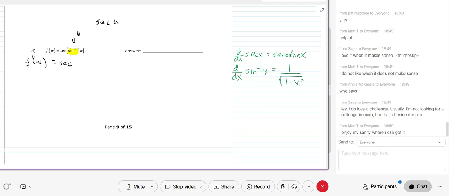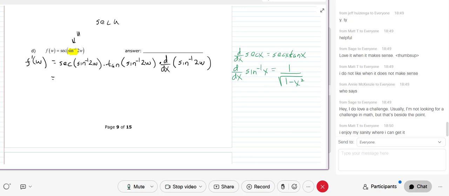So we say secant of inverse sine 2w times tangent of inverse sine 2w. It's going to look like a real messy kind of answer. And then you're going to do the derivative of the inside part, which is the derivative of inverse sine of 2w. So that's how you start the problem out. You're doing the derivative of the big function, which is the secant of something.